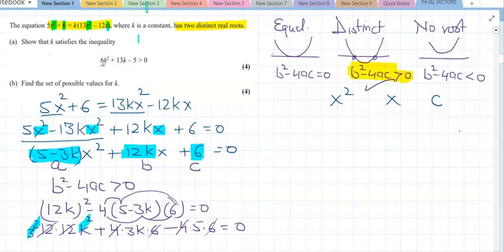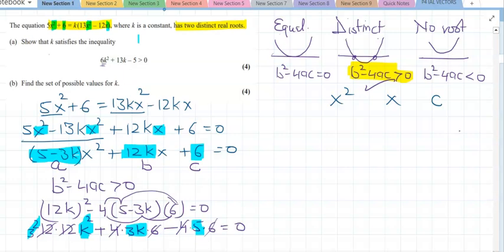This is 6k square plus 4 multiply 13 multiply 6 and minus 5. Now, oh, this is 13, not 3. Yes, so you can see that we have seen a mistake here. This is 13, this is 13, and this is 13.